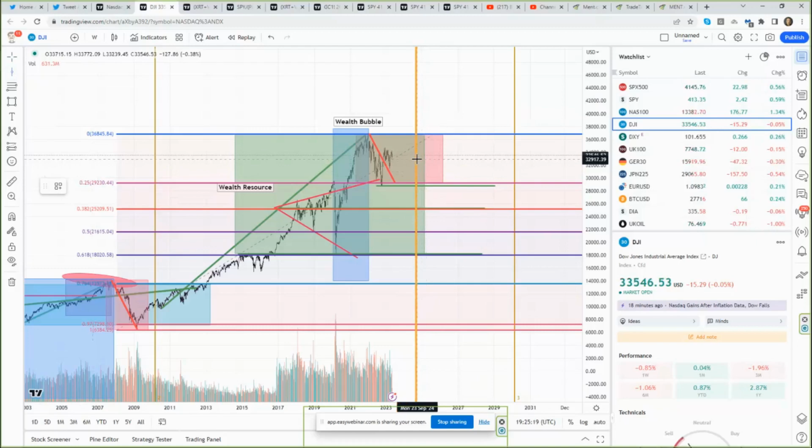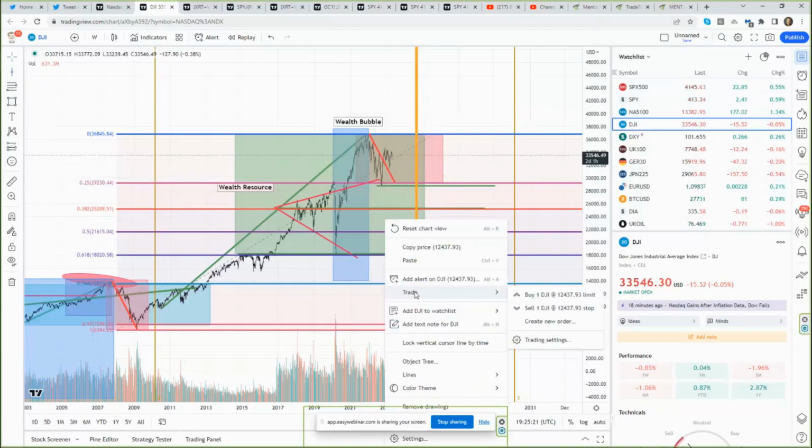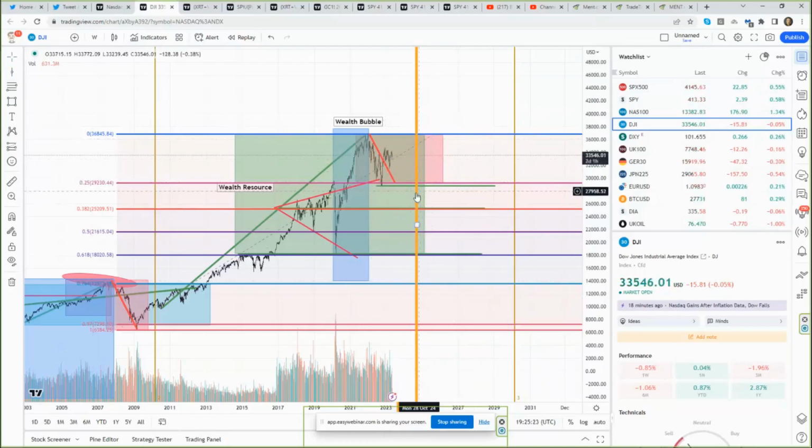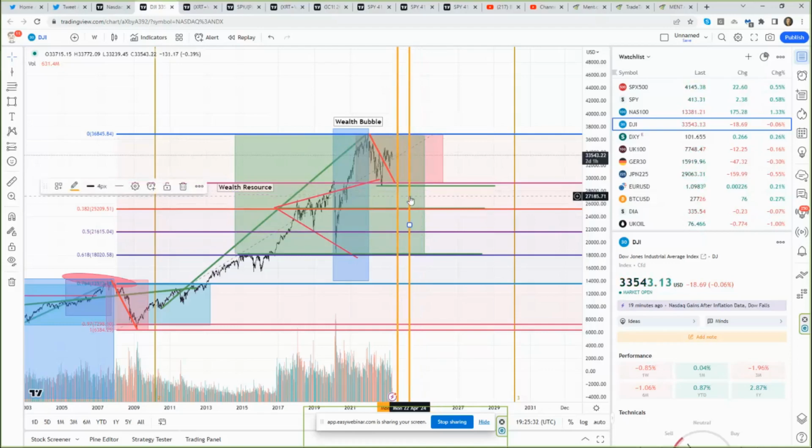So, July, August 2023, new high in April 2024, potential new low in July, August 2024.